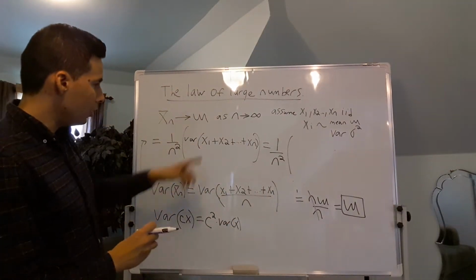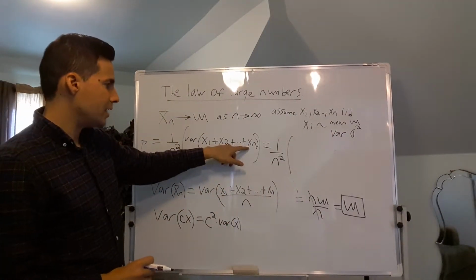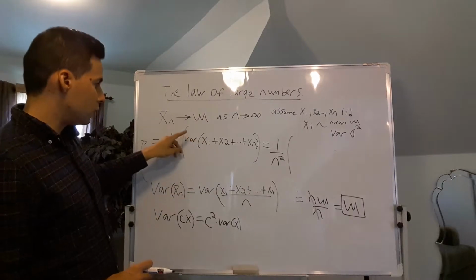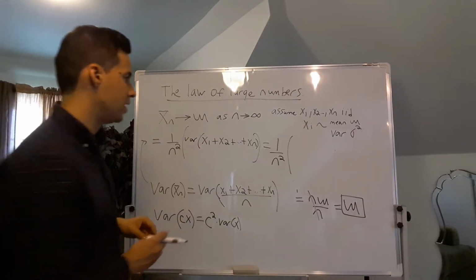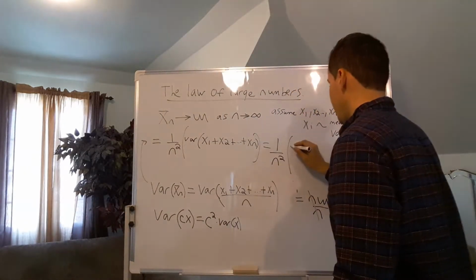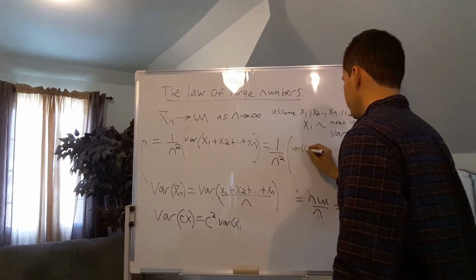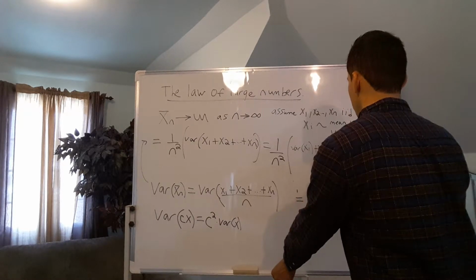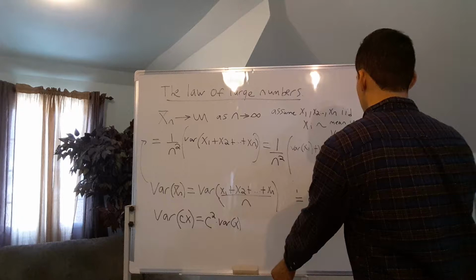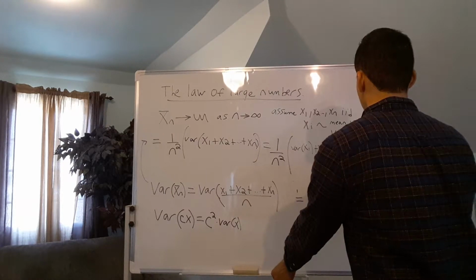So when all n random variables are IID, you can take the variance of each one separately, just like we did for expectation. We're going to get the variance of X1 plus the variance of X2 plus the variance of Xn.